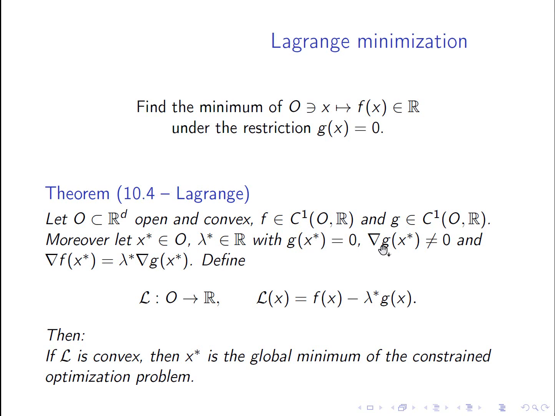The gradient of g at this point cannot be 0. We have that the gradient of f at x star equals lambda star times the gradient of g of x star, and if this curly L is convex, then we have found the global minimum of the constraint optimization problem.